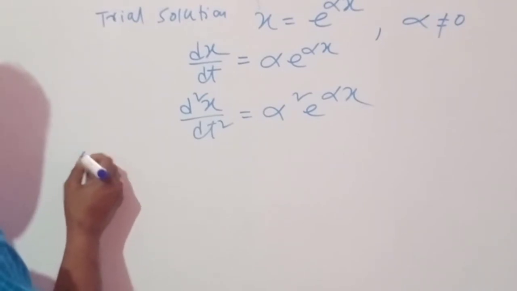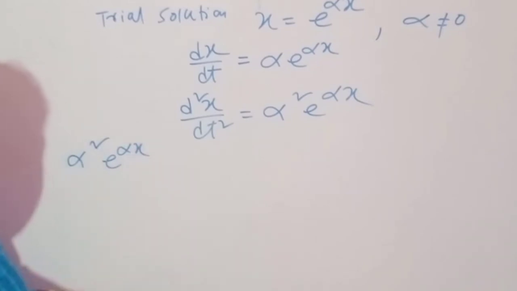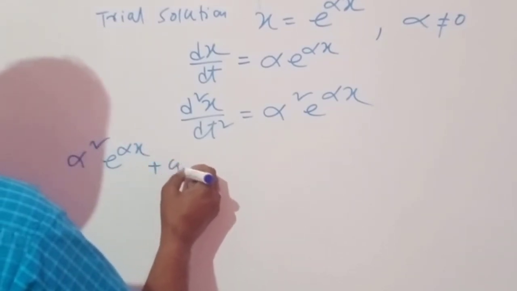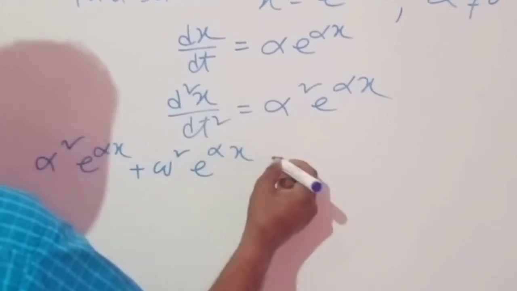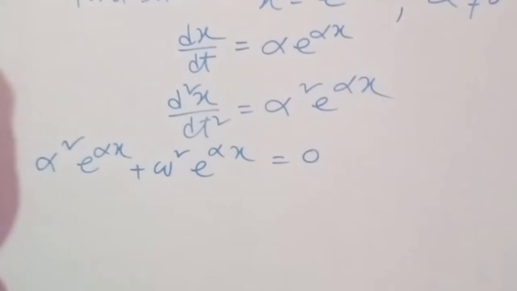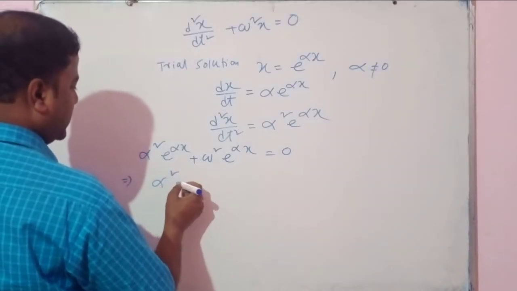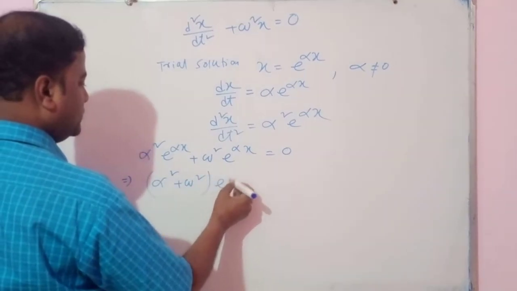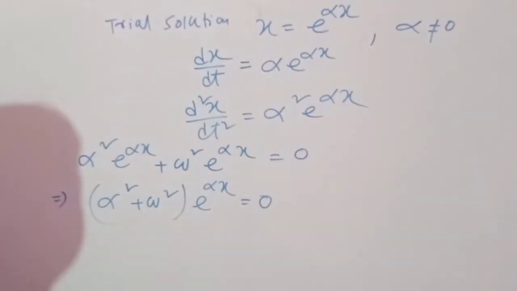Now we substitute the values of d square x by dt square and x in this equation, and we get alpha square e to the power alpha t plus omega square e to the power alpha t equal to 0, or alpha square plus omega square into e to the power alpha t equal to 0.